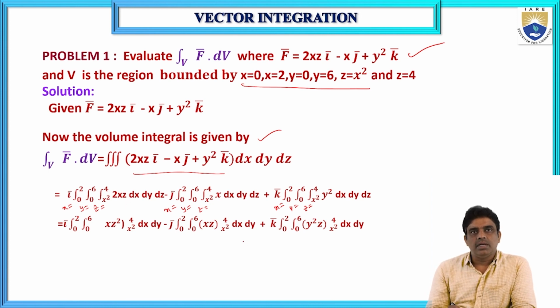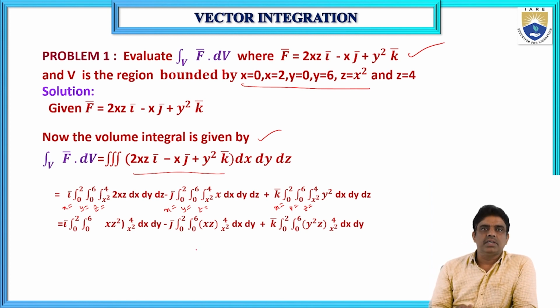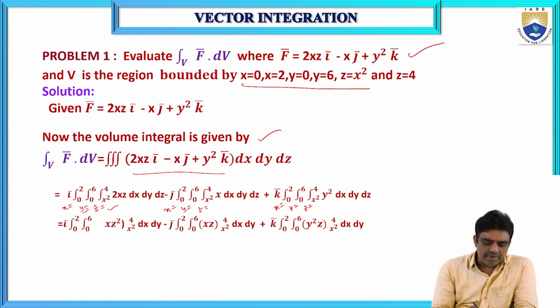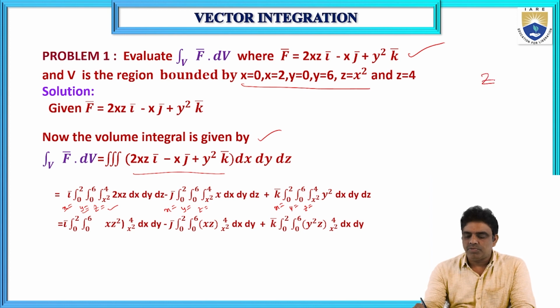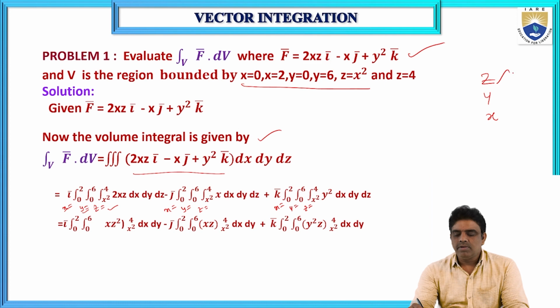We have already seen in multiple integrals how to integrate a given function in the triple and double integral cases, so the same approach applies here. We carry out the integration first with respect to z, then y, then x, because z is a function of x.